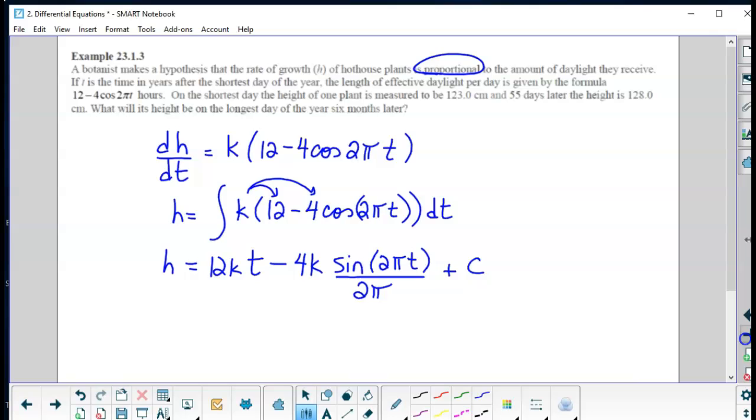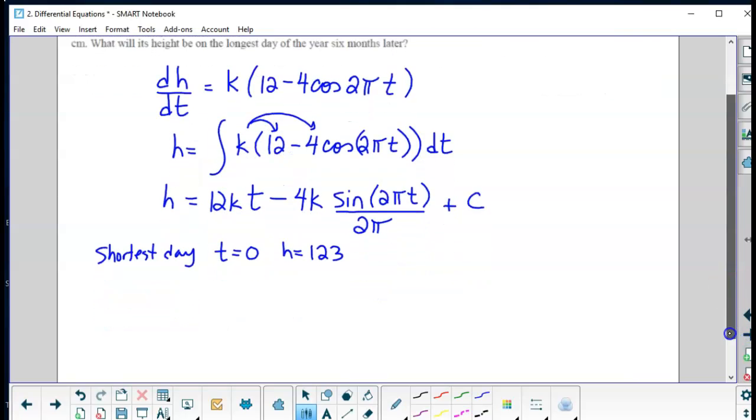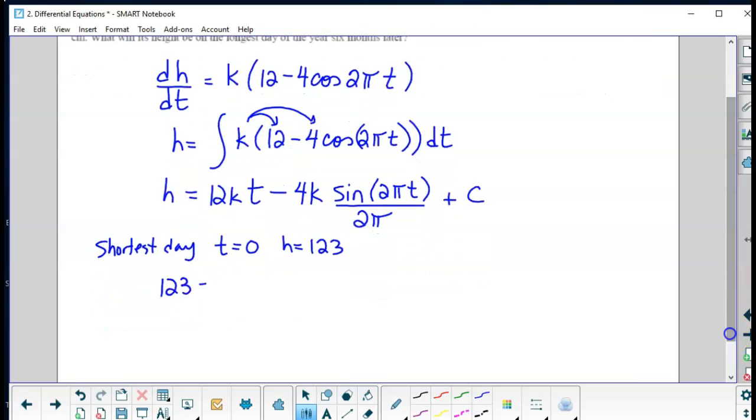Now, you can simplify that a little. The 2's divide out, but we know on the shortest day, t is the time in years after the shortest day. So shortest day is when t equals 0, and the height is 123. So we can put in 123, 12k times 0 will be 0, minus, the 2 divides out, so minus 2k sine of 2 pi times 0 over pi plus c.